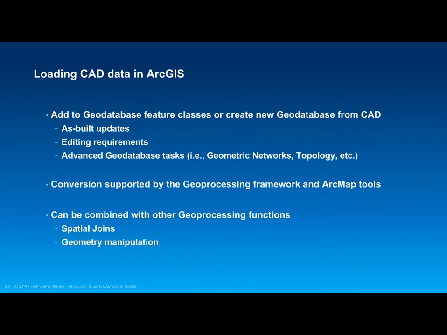There are certain editing requirements, and there are some geoprocessing tools and tasks that we can use to model CAD data in ArcGIS. Conversion is also supported by this geoprocessing framework and ArcMap tools, and can be combined with other things like spatial joins, which allow us to combine attribute information with some of our CAD data, as well as manipulating or editing the geometry.